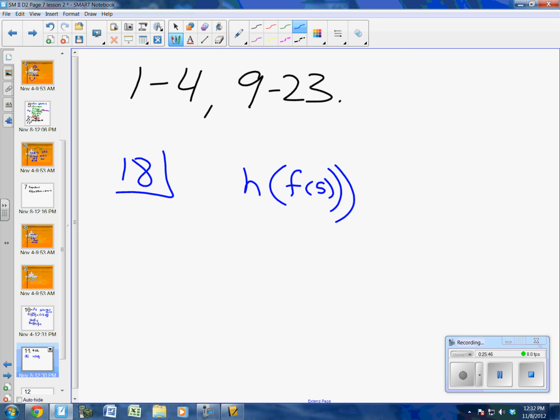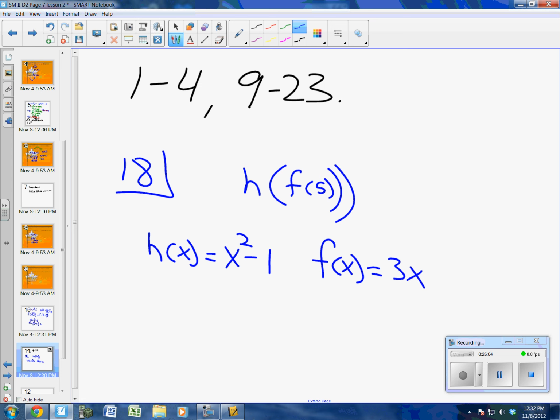Okay, so we're going to find h of 5. So I need to know what function h is. What is function h? x squared minus 1. And what's function f? 3x. Okay, you guys, number 18.